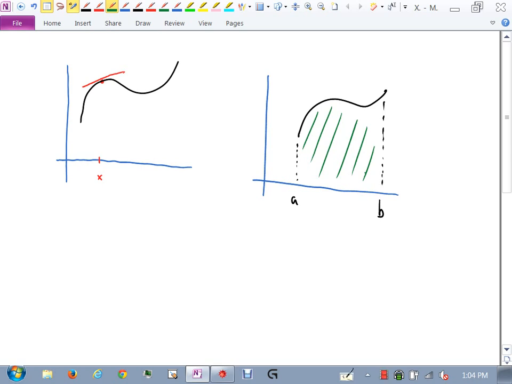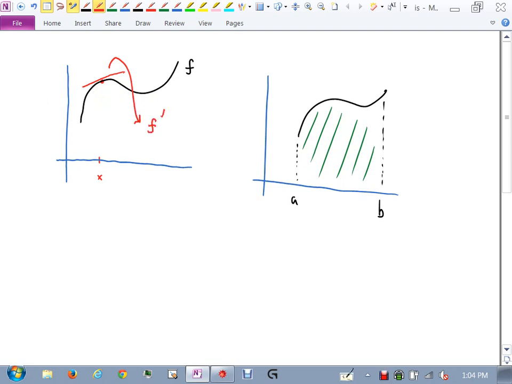But what it's going to turn out to be is that, like for this one, if this was the function f, then to figure out the slope of this tangent line, you had to be able to figure out the derivative, right?